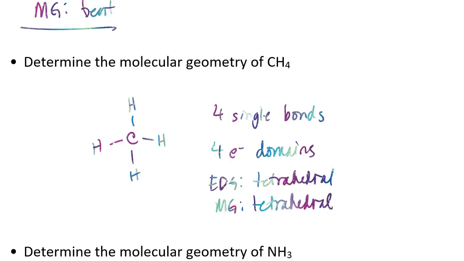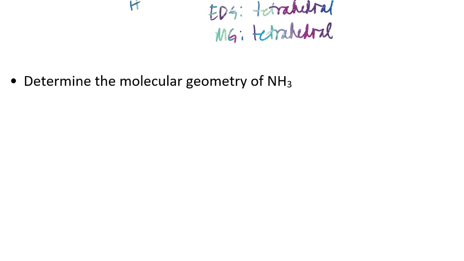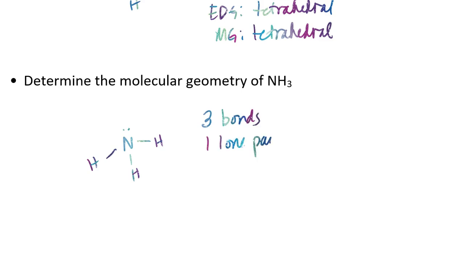Okay. One more example. What about ammonia? Well, the Lewis structure of ammonia looks like that. Basically, I have 3 bonds and 1 lone pair.